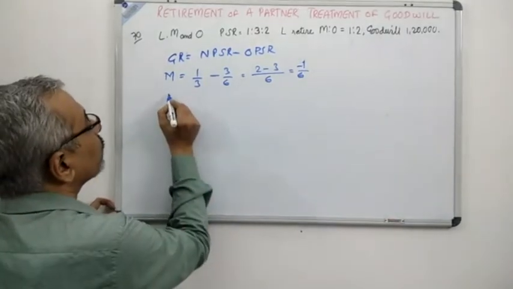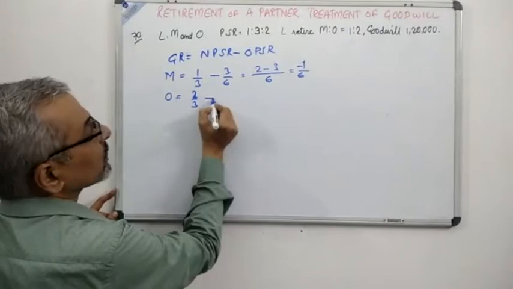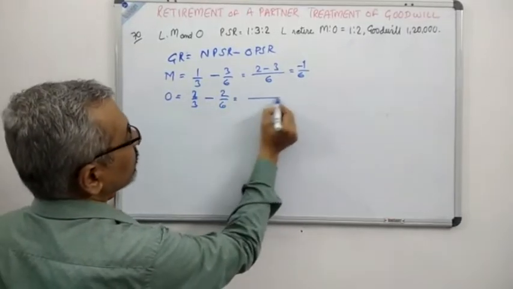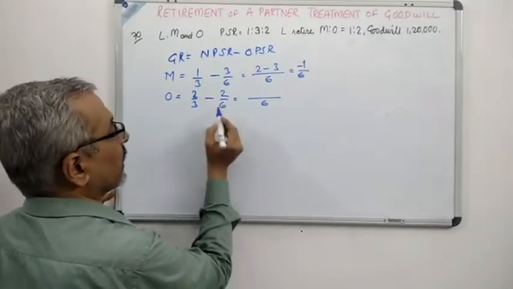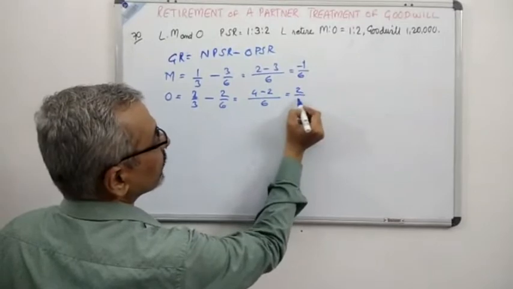Now let us move on to O. O's new share is 2 by 3 and the old share of O was 2 by 6. See very carefully, the LCM is 6, and now we have 4 minus 2, which gives us 2 by 6.